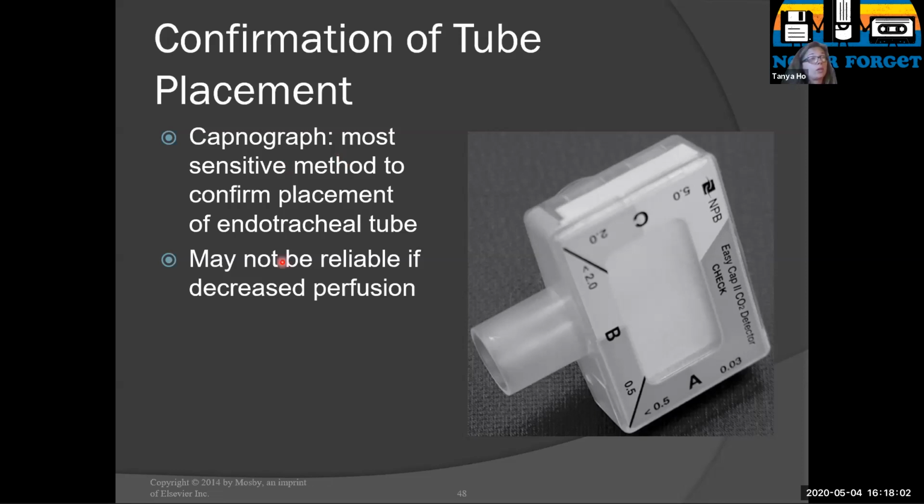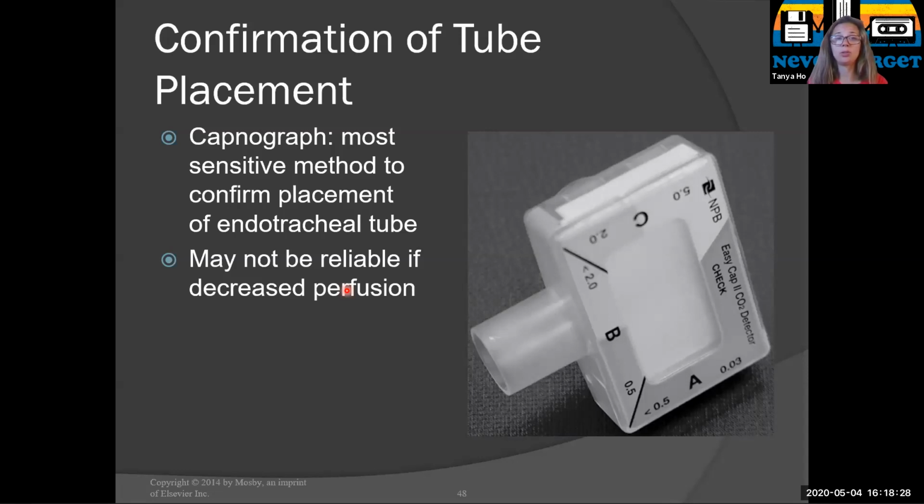The only thing is, in the event that the patient does not have an adequate cardiac output, there might not be enough perfusion to the lungs to actually have CO2 diffuse out and be enough to change the color of the easy cap.